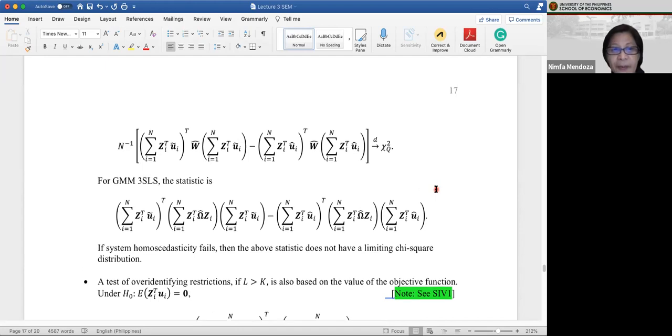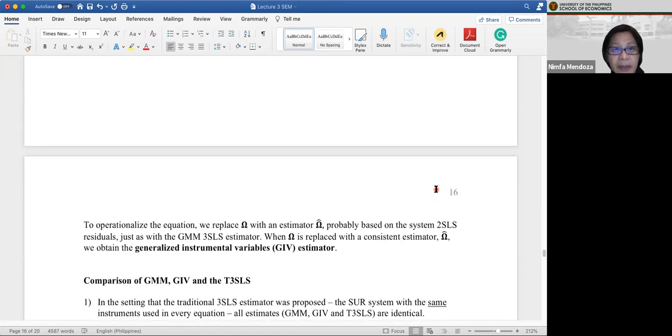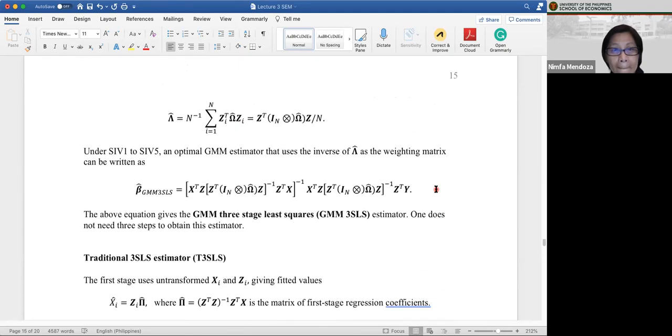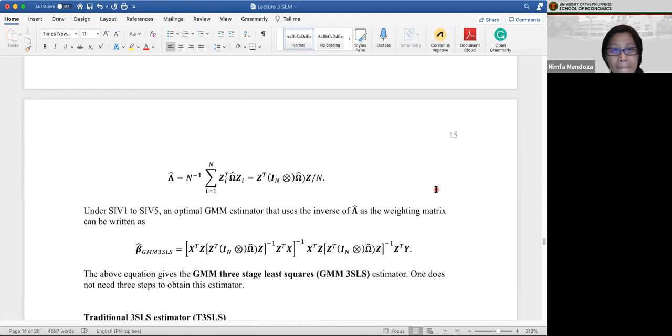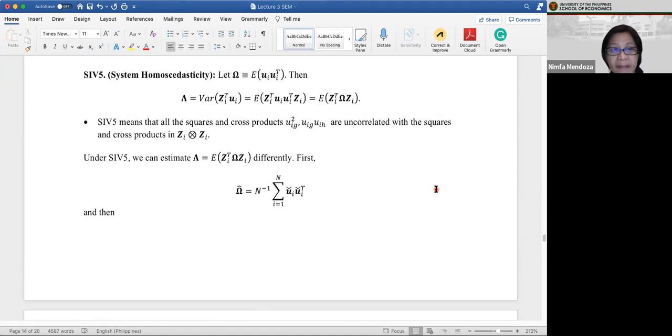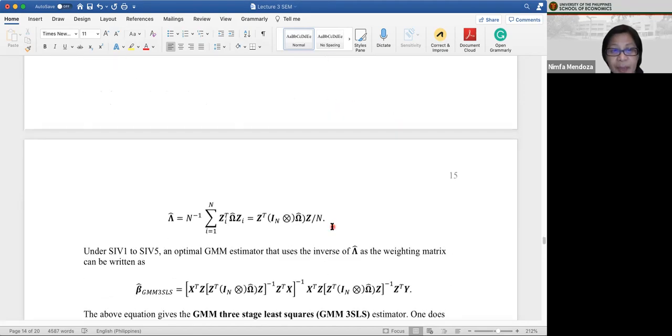For the GMM three-stage least squares estimator, you can get W hat from here.